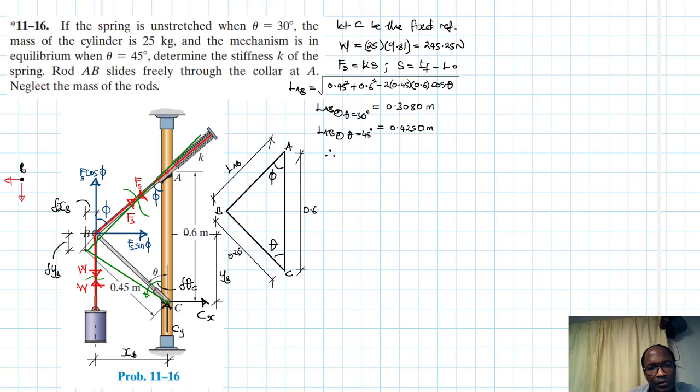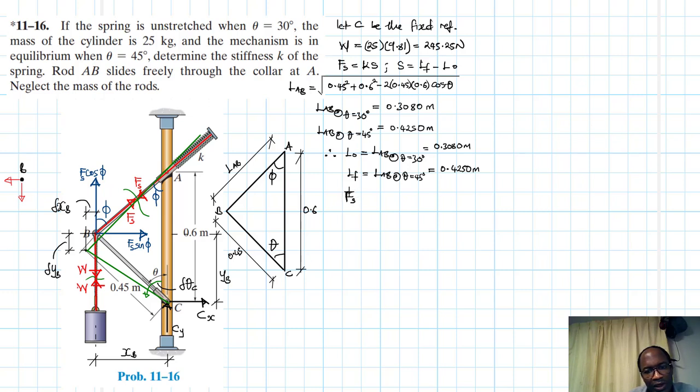Therefore L naught, because we take the spring as unstretched, is equal to LAB at theta equal to 30 degrees, which is 0.3080 meters, and L final is equal to LAB at theta equal to 45 degrees, which is 0.4250 meters.